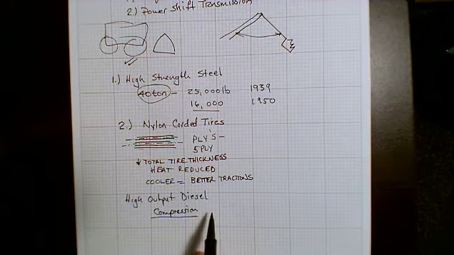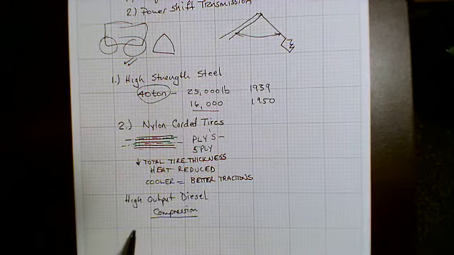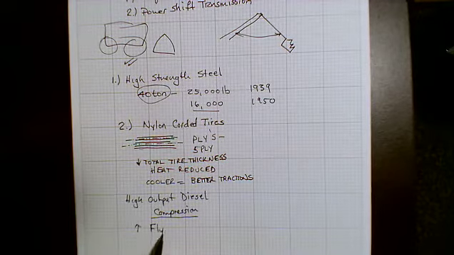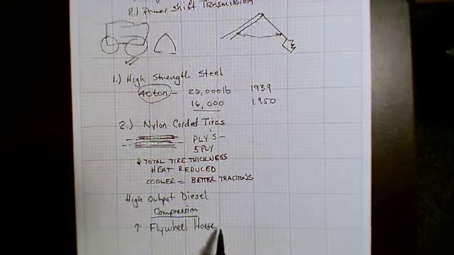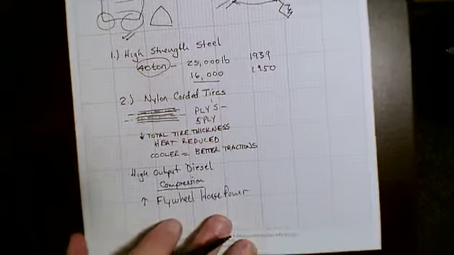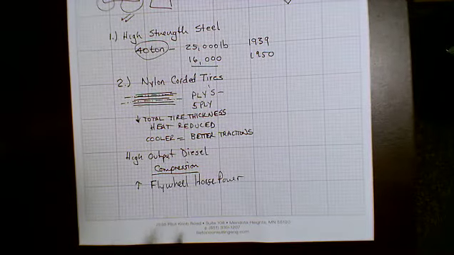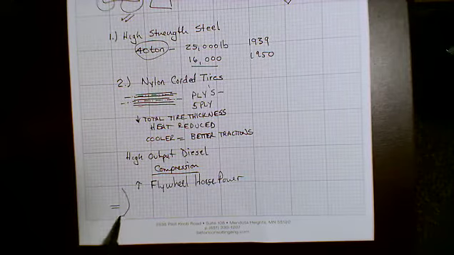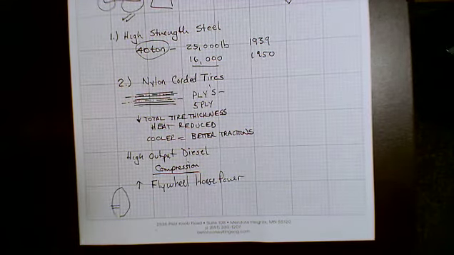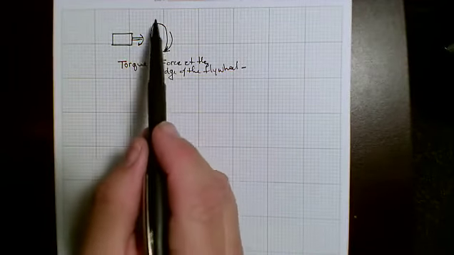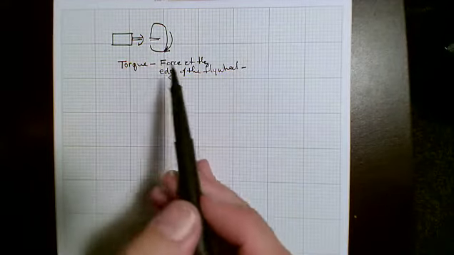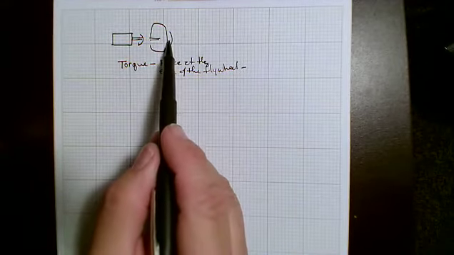And so we should probably talk about what we mean by horsepower, and we'll do that in our next little lecture. But what this allows us to do is increase our flywheel horsepower. If we attach a wheel to our rotating shaft, a flywheel, this is a wheel that we're rotating with our shaft, and the torque is what we can take off of this rotating shaft.